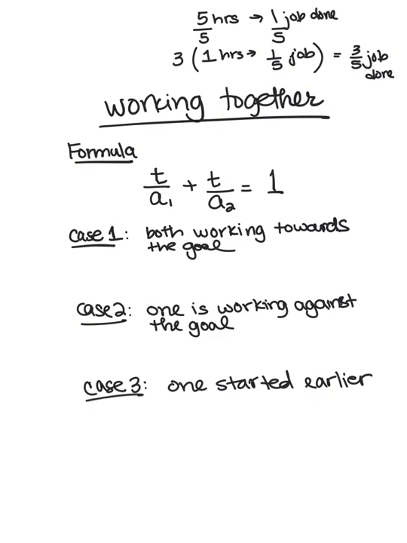So case one with these is that you're working together towards the same goal, and that's when you're actually going to use that formula. But case two is where one person is working, or more than one person is working, against the goal. So that might be like if you're trying to fill up a swimming pool and then at a slower rate, there's a leak.